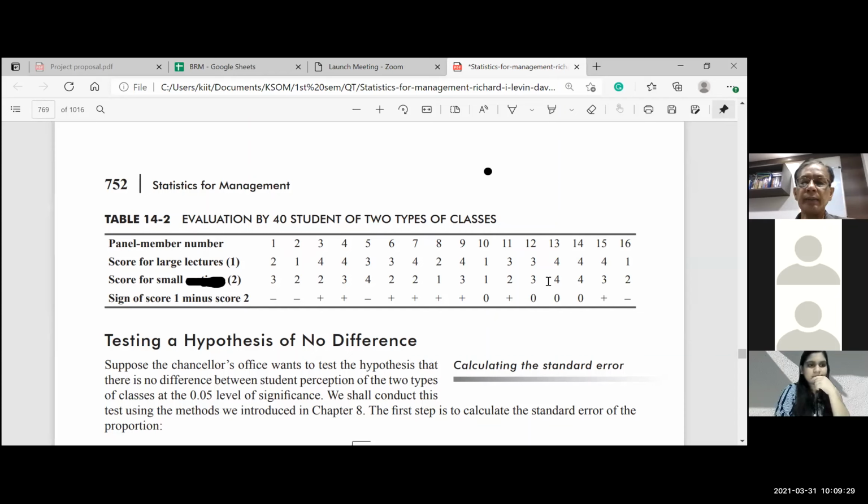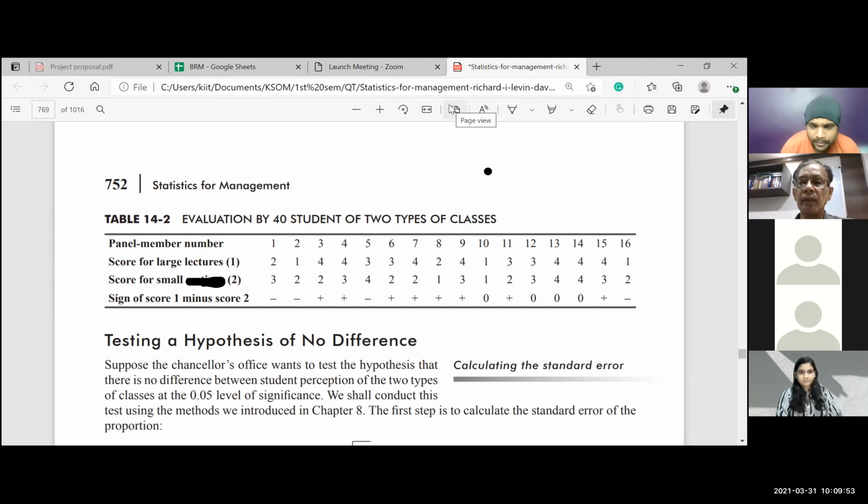Next, count the number of minus signs and the number of plus signs, and add them. The total is my revised sample size. All of you are writing it down. Now, the number of plus signs divided by this revised n.